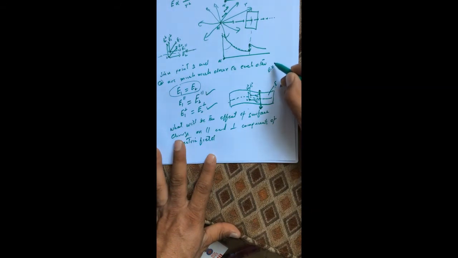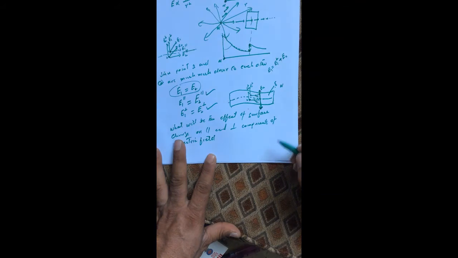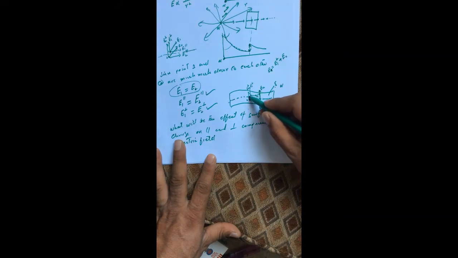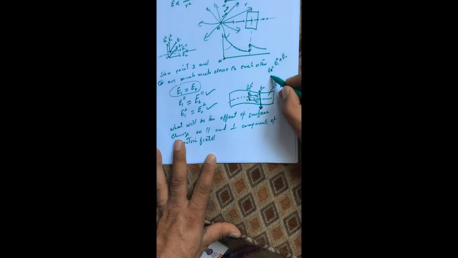because electric field is a vector quantity and the net electric field E will be the sum of E1 perpendicular plus E up. This is E1. And this component direction is this one, and here the direction is this one. So E will be, I call it E1.